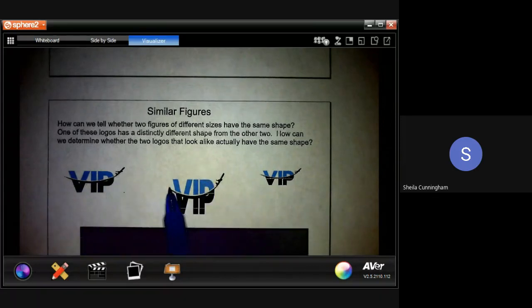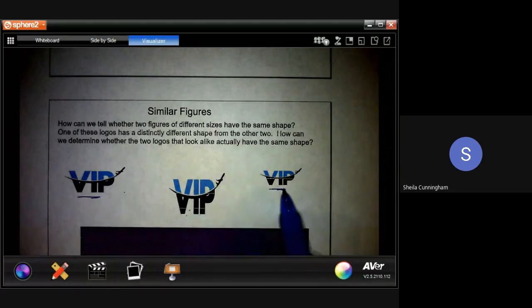In this one, it looks like a deeper swoop happening. And then in this one, look, it's got that shallow swoop again. So by looking at these three, we can identify that, oh, this logo and this logo might be considered more similar in shape than maybe this one and this one, or this one and this one, for the simple reason of the swoop of this airplane as it passes through the logo.